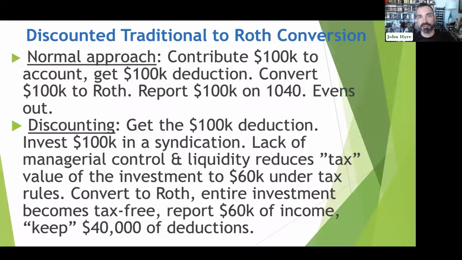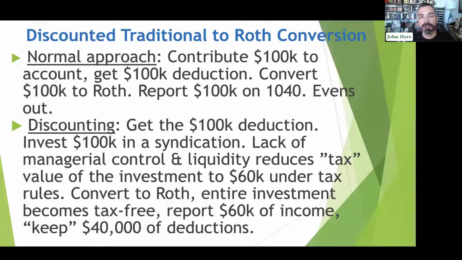I got a 100 grand deduction, but what happens when I convert the traditional to Roth at 100 grand valuation? Well, I add 100 grand of income to my return. So it's a wash. And by the way, again, all things being equal, assuming you're in any significant bracket, that is a good deal. Roth is better than traditional for most of you. I don't know you well enough to say if it's good enough for you, but for most of you, it's better.